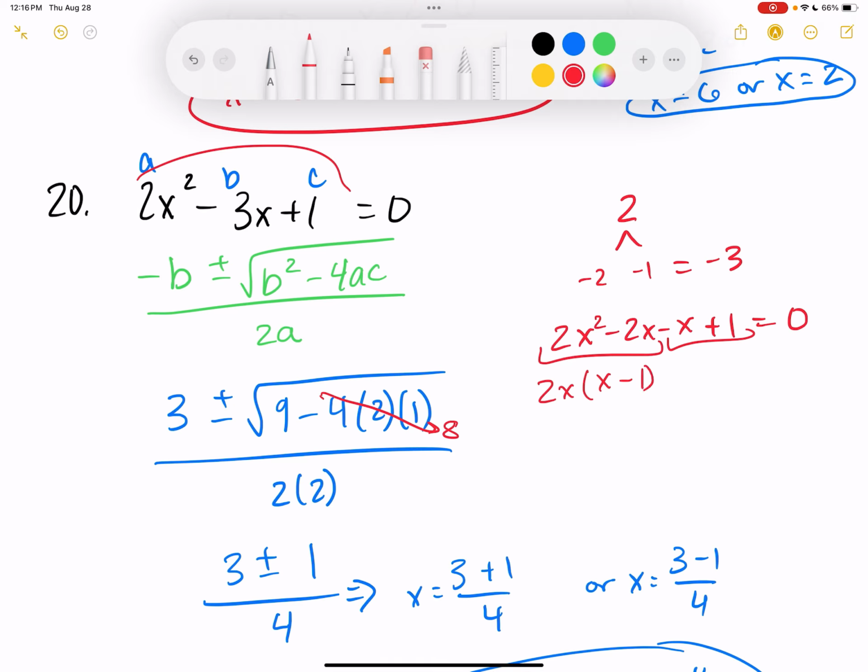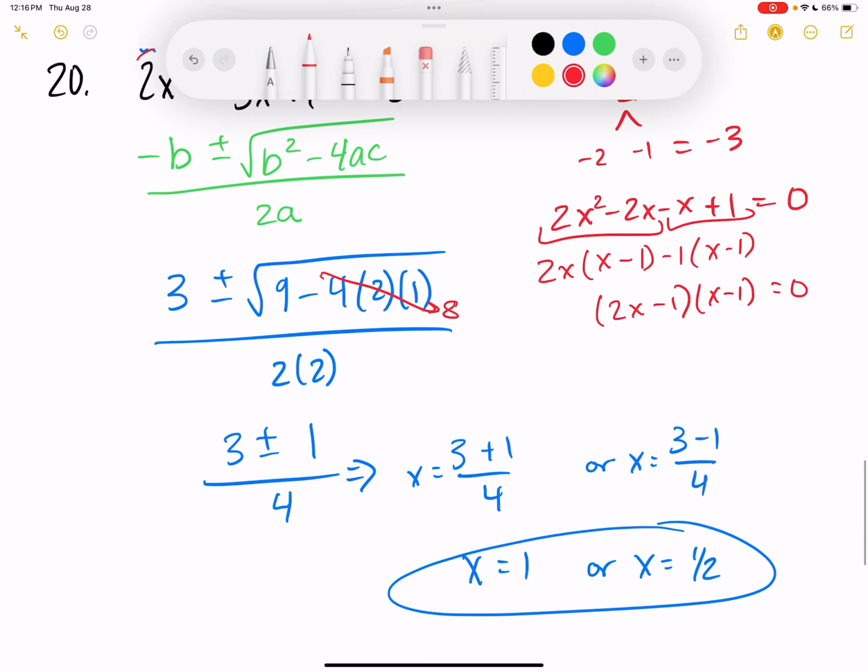Take out a negative 1 over here. That would leave us with an x minus 1. So then 2x minus 1 and x minus 1. And then I would just solve it that way. Oh, okay. So under ordinary circumstances, I would have factored this, not used the quadratic formula. This was a kind of easy quadratic formula. They're not all that easy, but anyways.